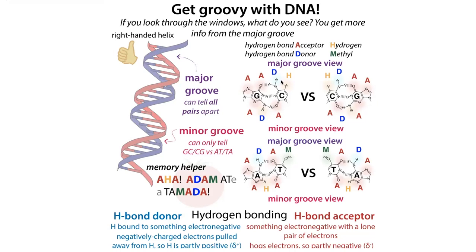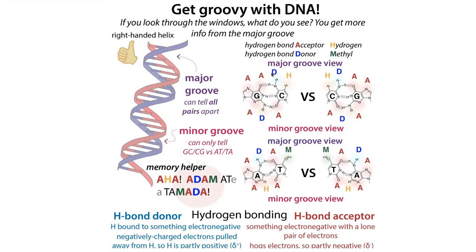From the major groove, look at a GC versus a CG. Say your left strand has a G and your right strand has a C, versus your left strand having a C and your right strand having a G. In both cases you have a G and a C, just in a different order. This makes it so that on the major groove view, you're going to see different things.